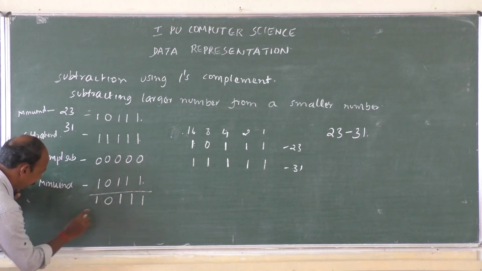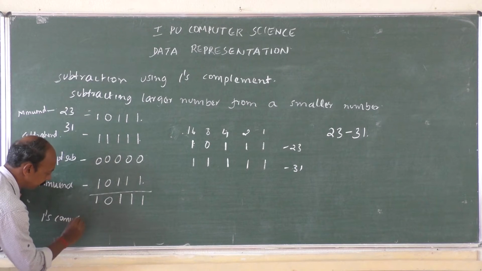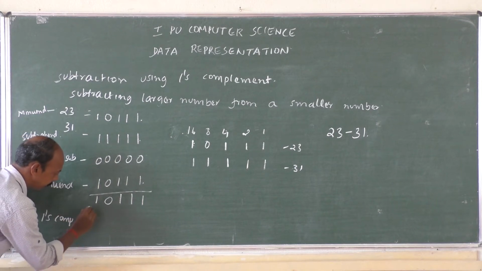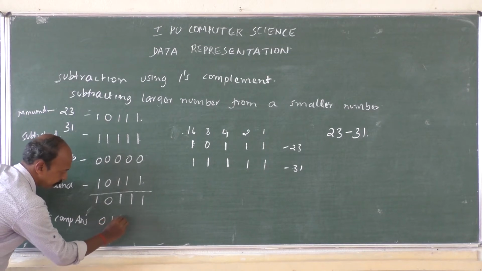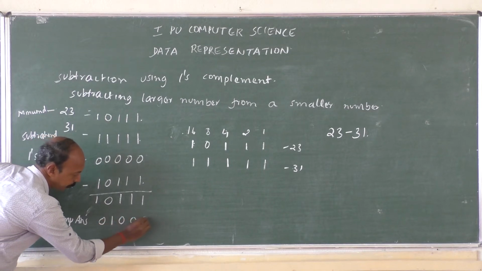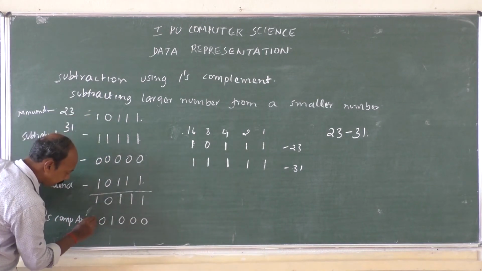So now take 1's complement of the answer, that will be 0, 1, 0, 0, 0, and place a negative sign in front of this.